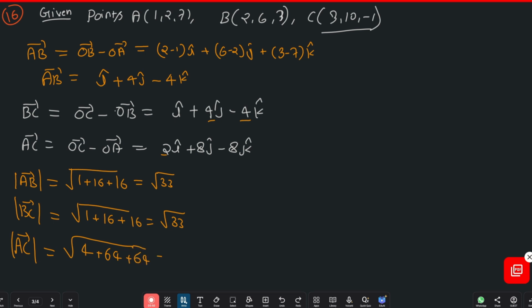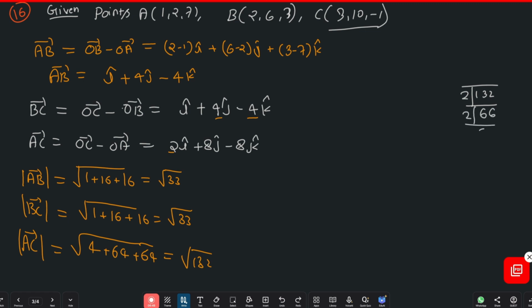4 plus 64 plus 64 is 132. So is it following that the AC vector equals AB plus BC vector? Tell me, is it following? What is 132? 2 6 are 12, then 33. It means this can be written as 2 root 33. Correct now?